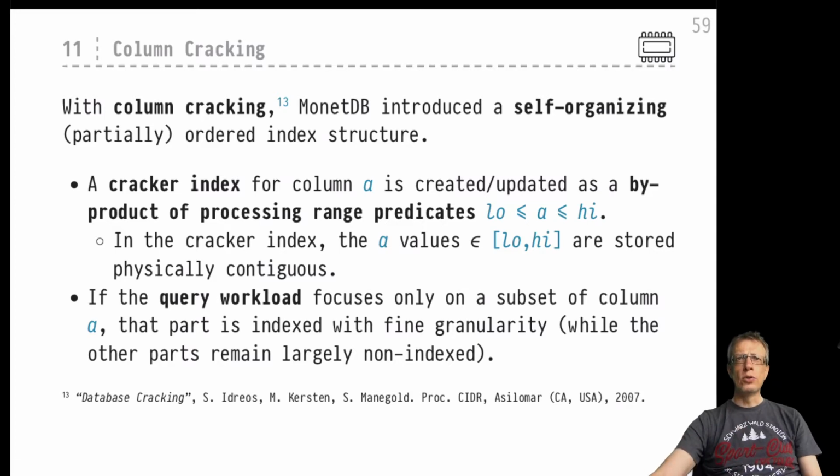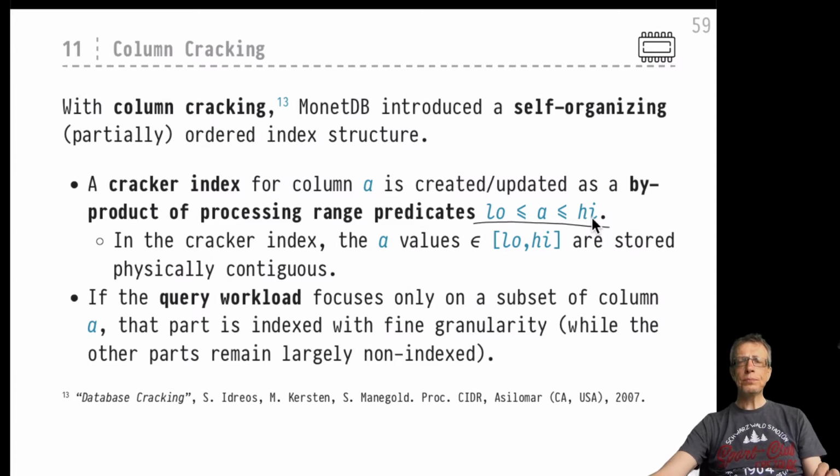Okay, so such a cracker index is being built when it comes to the evaluation of range selection predicates, like this one. So we're looking for column values A that lie between two range border values, low and high here.